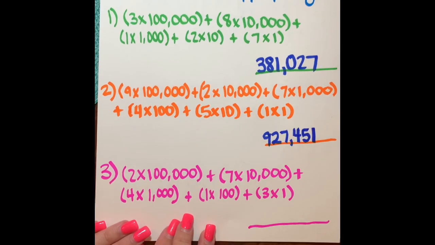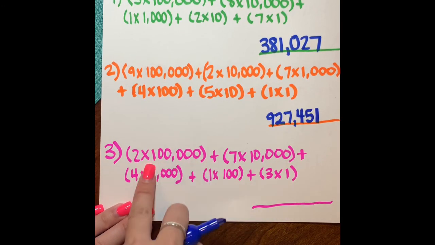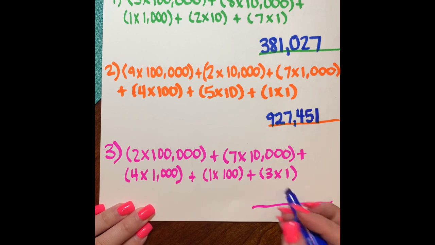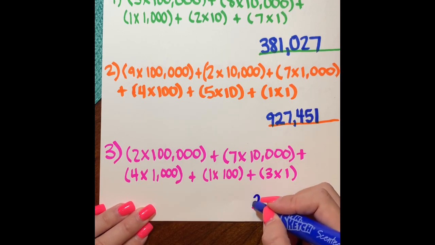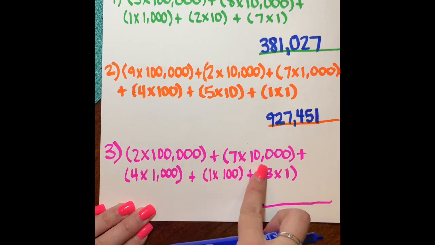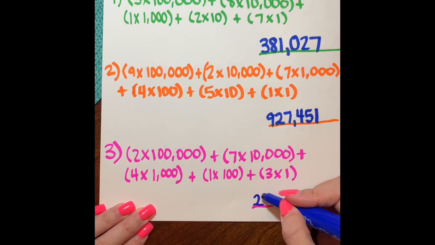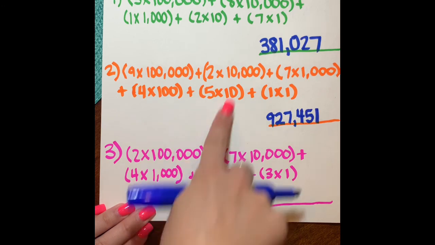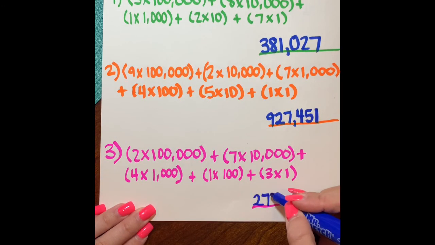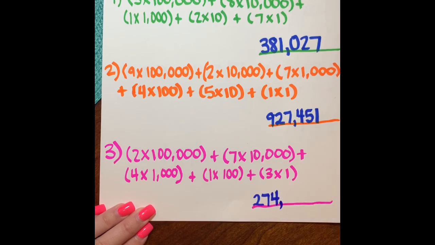Last one. I have 2 times 100,000, so it's still sticking with the pattern of using 100,000 for my beginning number. So I'm going to write 2 plus 7 times 10,000. 10,000 comes next. I'm going to write my 7 plus 4 times 1,000. Thousands does come next, so 4, and then it reminds me to put my comma. 1 times 100.